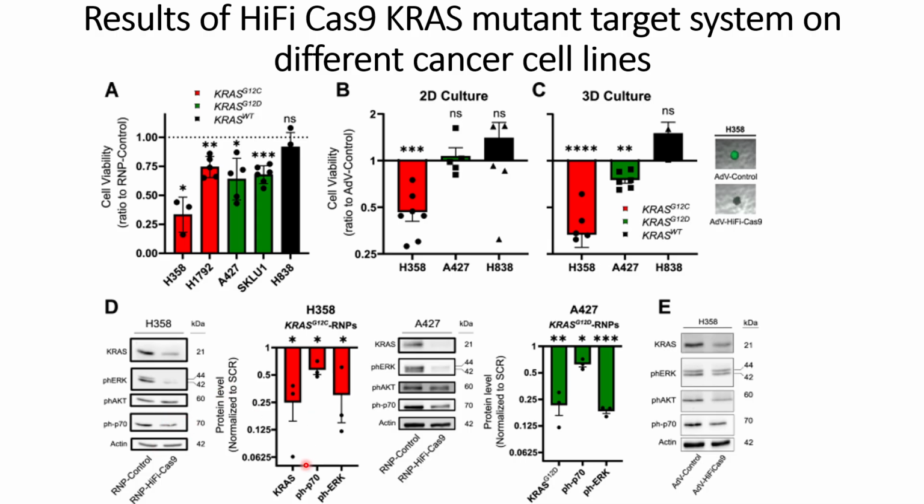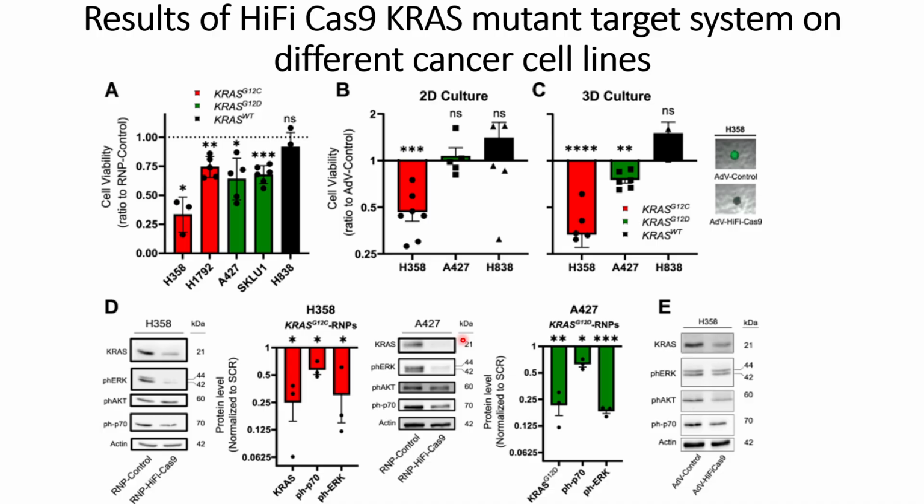The results are also shown quantitatively on the right hand side of panel D, where we can see reductions compared to the wild type in KRAS, P70 proteins, phosphorylated P70 proteins and phosphorylated ERK proteins. When they did the same studies for A427, the G12D mutant, they also see it.